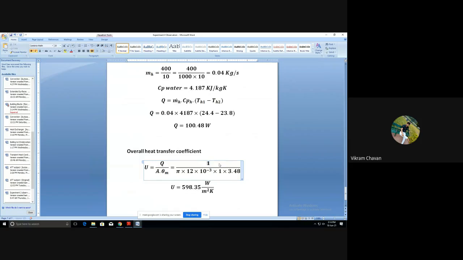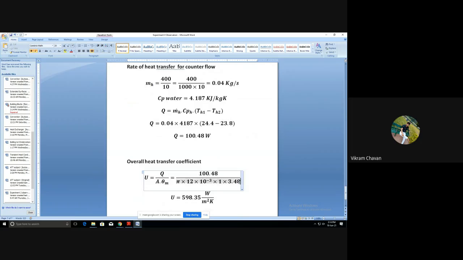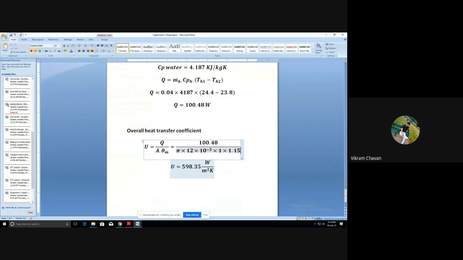So U is 100.48 divided by pi multiplied by 12 multiplied by 10 raised to minus 3 multiplied by 1 multiplied by theta m. How much have we calculated? 1.15. Okay, do the calculation. Let me know the U value, the overall heat transfer coefficient value in this case.